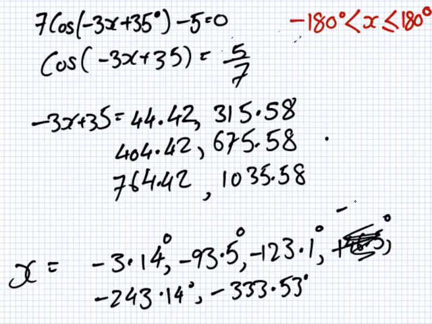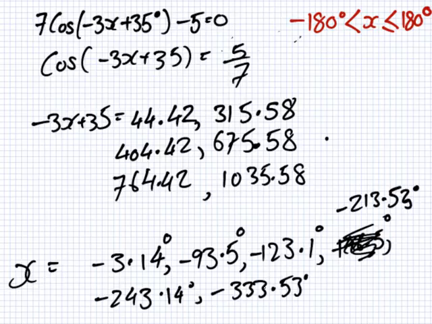Yeah, it's minus 213.156. Okay. What? It's 675.58. Yeah. Minus 35. Yeah, minus 675.58 minus 35 divided by minus 3. Yeah, it does. 0.53.